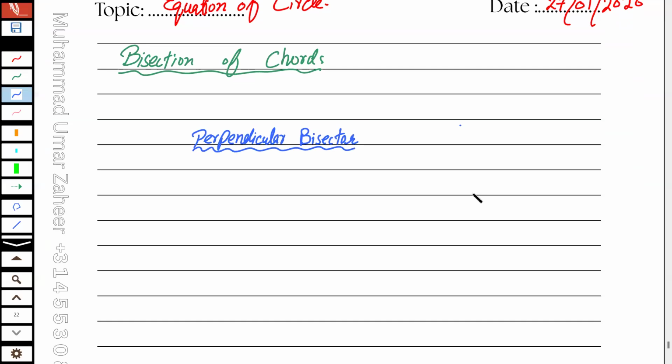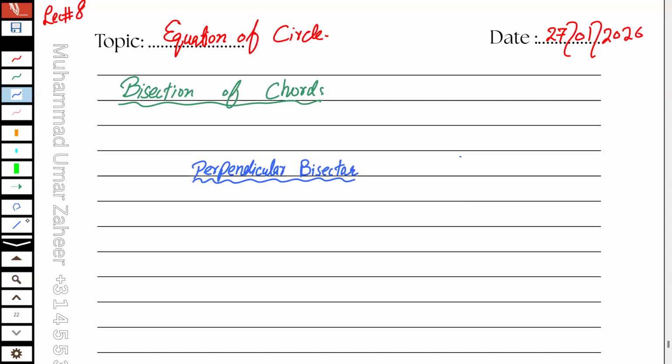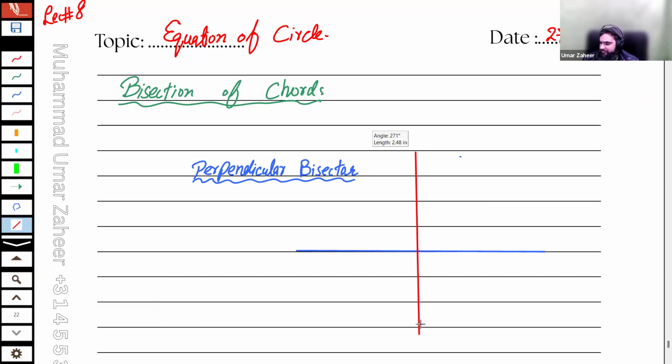Perpendicular bisector is a line that goes through the midpoint of a chord and it's perpendicular, so the gradient is the negative reciprocal. Yes, perpendicular bisector is basically a line that divides the other line into two equal parts. Look at here.